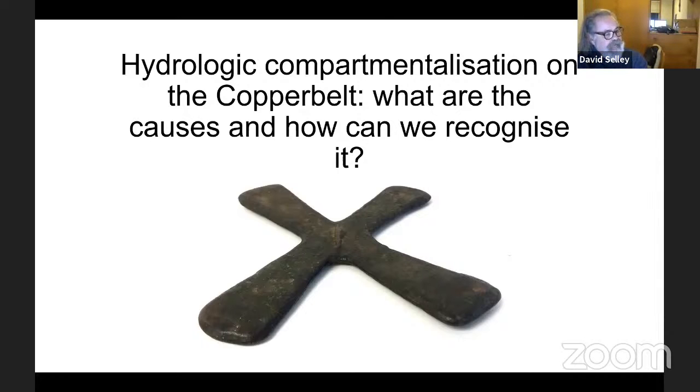Are we there yet? I don't think so. This is partly because of the fragmentary nature of the data sets, particularly at the basin scale. But what I'm hoping to demonstrate, along with Koen today, is that we're on the right path.